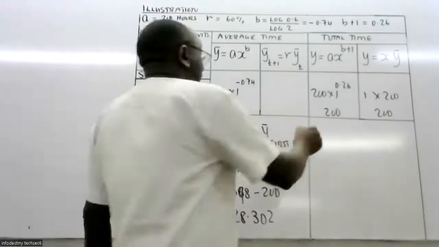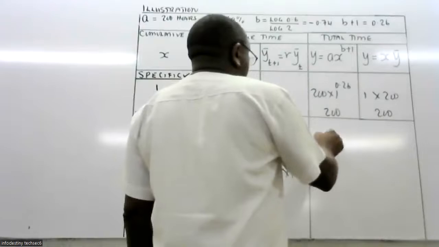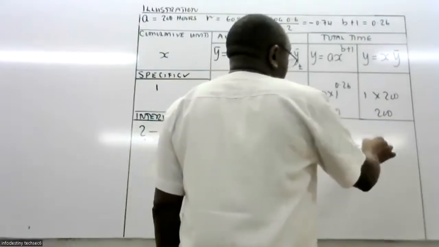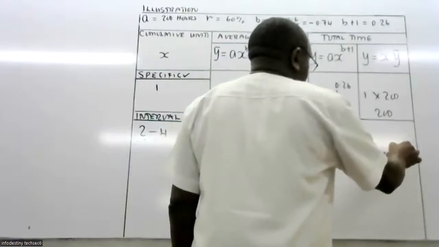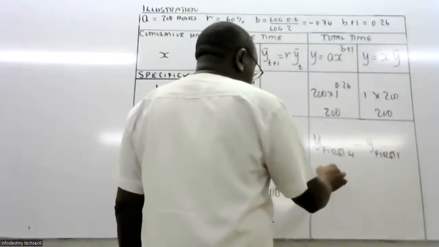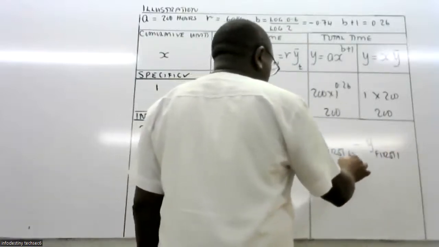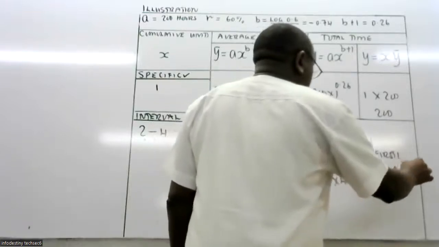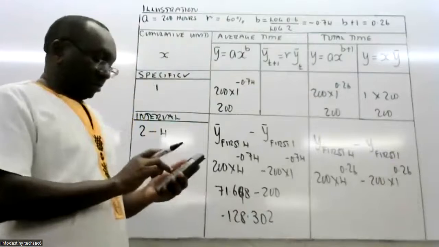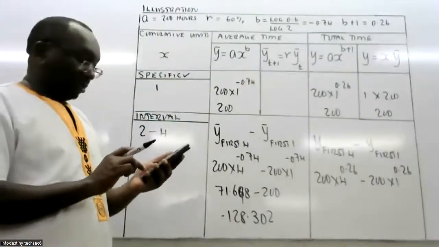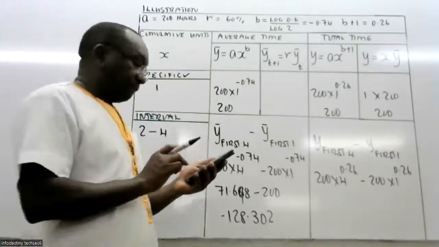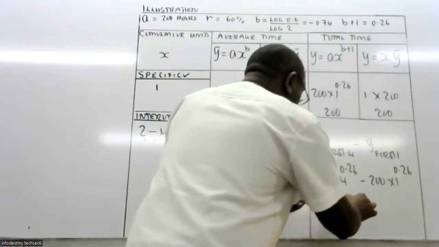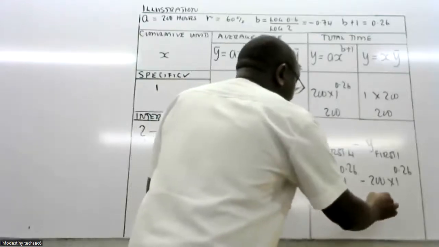So the same thing we do here. We say y for the first 4 minus y for the first 1. So this will be 200 times 4 raised to power 0.26 minus 200 times 1 raised to power 0.26. So this is 286.791 minus 200.